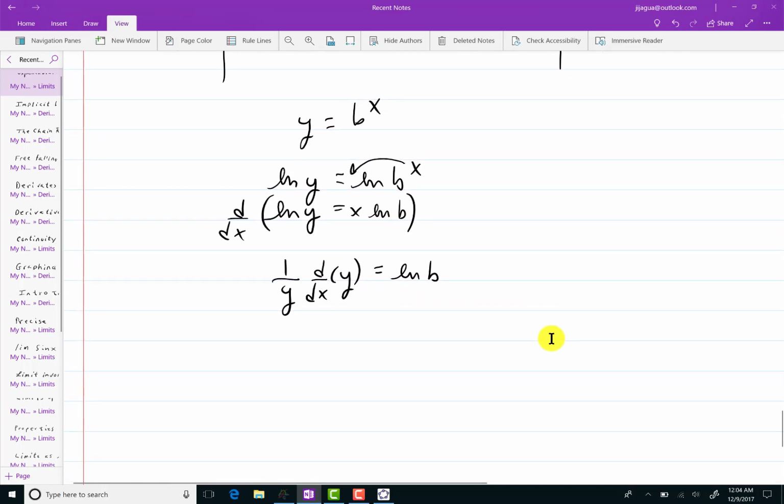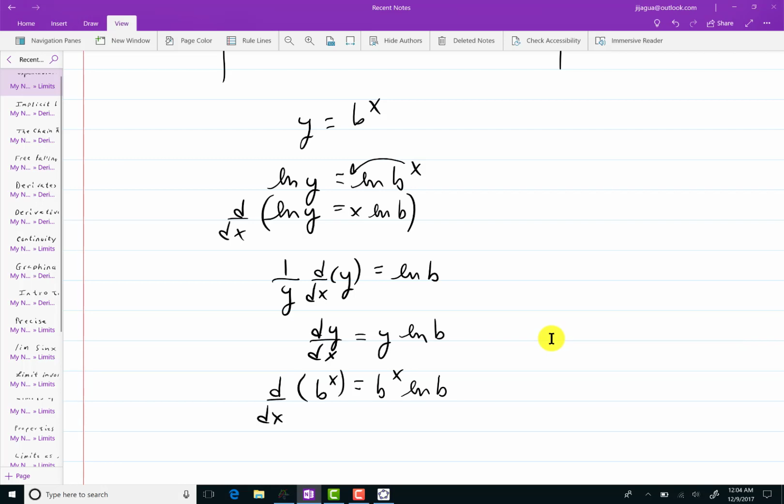Then I'm going to have y prime, or dy over dx, equals y times ln of b. Now y is equal to b to the x, so I'm going to change this to b to the x ln of b. So the derivative of b to the x equals b to the x ln of b.